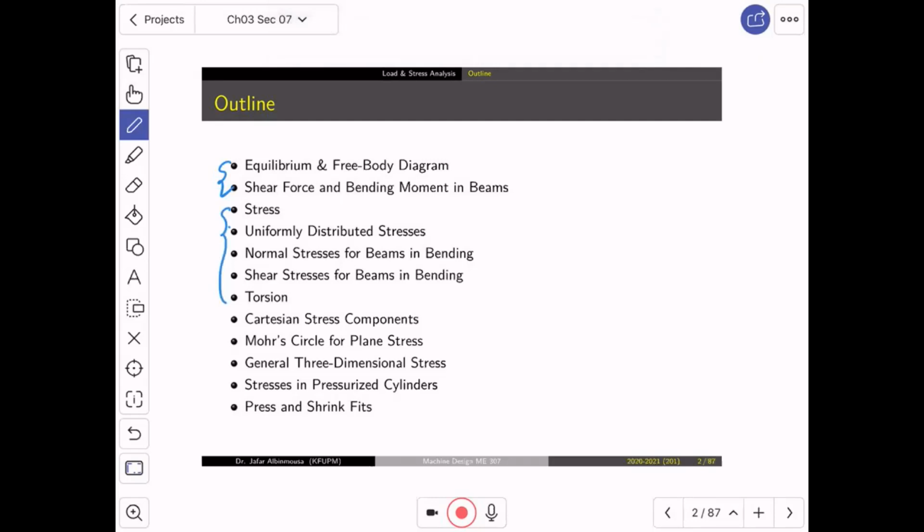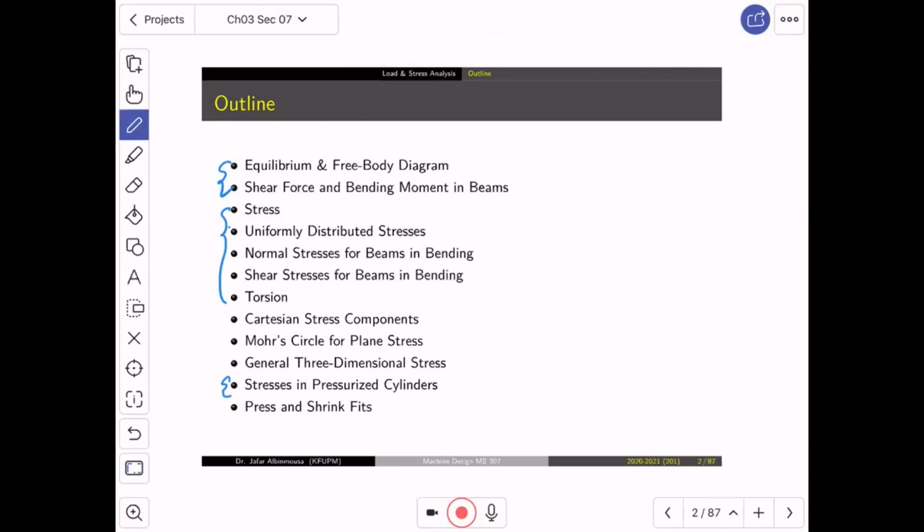Then we'll talk about the Cartesian stress components. And of course, we are going to talk about the Mohr circle, which is also a very important element in design. The reason why, we are going to explain. After that, we are going to talk about pressure vessels, which by itself is a very important topic, as I explained in my introduction.